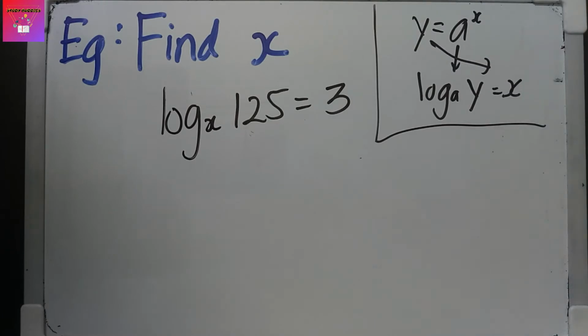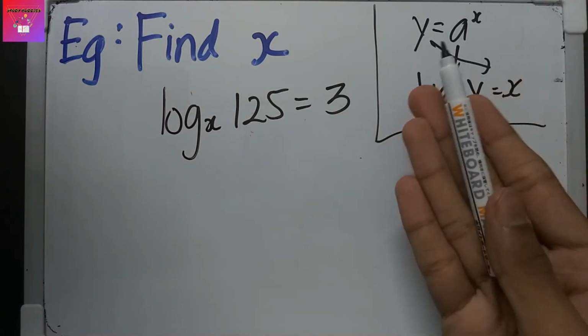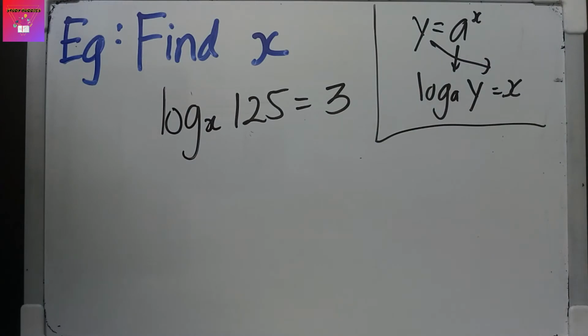Now how do we convert logarithm to index? Just refer to this whole template, and based on this, you can directly write your index. That's the easiest method which I would suggest you all to use. Rather than complicating yourself, just make this an easy practice.